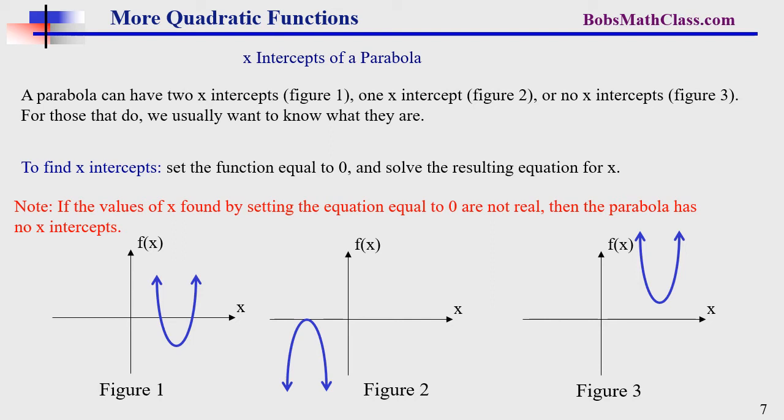So no solution would mean if we tried to solve it, we would get a negative under the radical. So you would get a value of i, some complex number. That tells you that there's no real solutions. There's still a solution, it's just a complex solution, which doesn't apply here as far as x-intercepts.